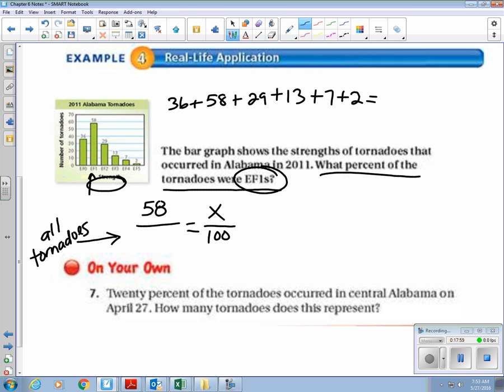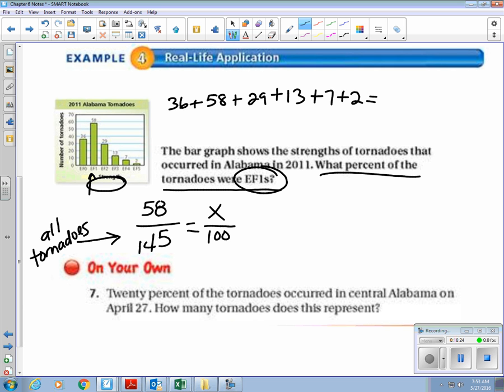Again, by the graph here, it's kind of difficult to see, so hopefully I got the right numbers. I'm going to add those all up on my calculator to find the total of all tornadoes, and it looks like 145. So that's our whole, because all tornadoes added together is the whole.